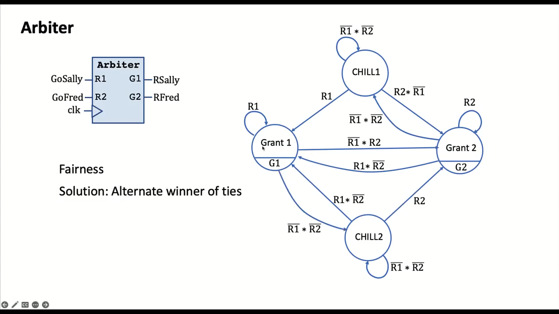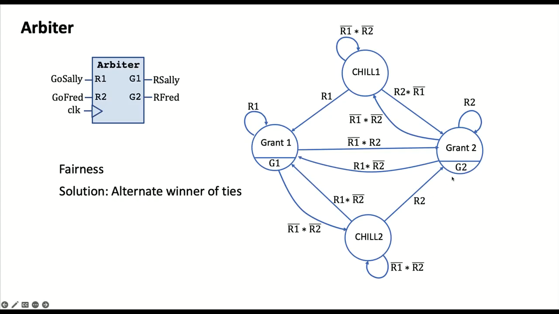So we gave it to Sally here, right? If Fred wants it right away, we'll give it to Fred. But if nobody wants it, instead of going back to chill 1, we're going to go to chill 2. And in chill 2, we break ties for Fred.